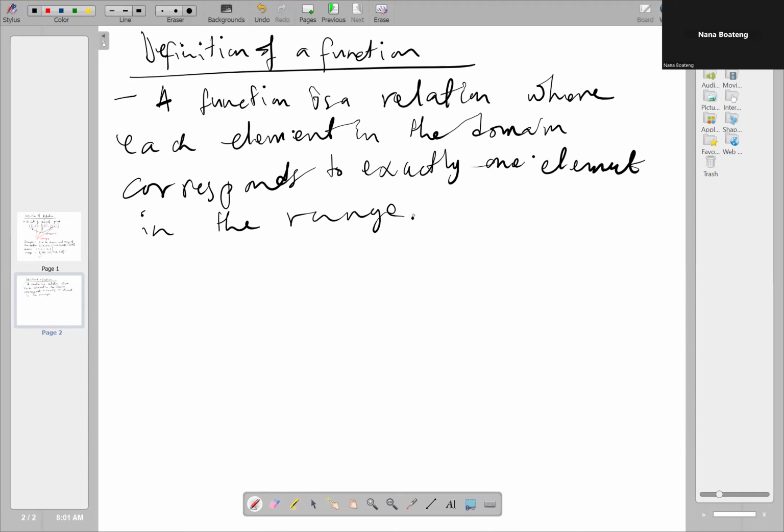So a function is a kind of relation where each element in the domain maps to exactly one element in the range. For example, let's use this example to determine whether the given relation is a function or not.